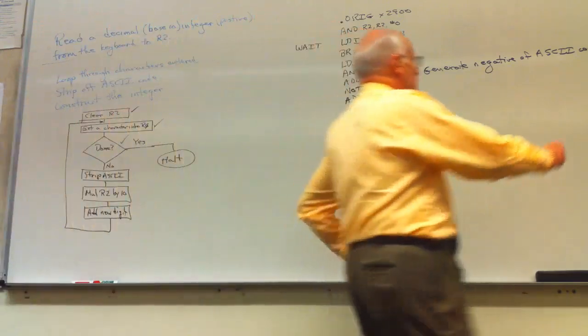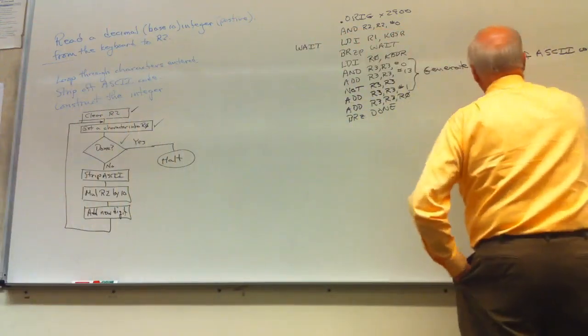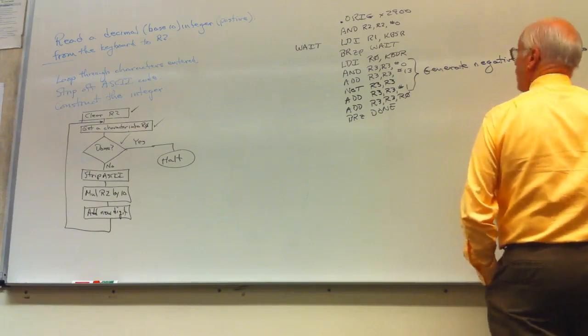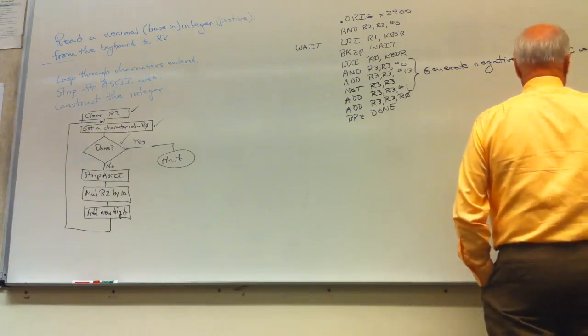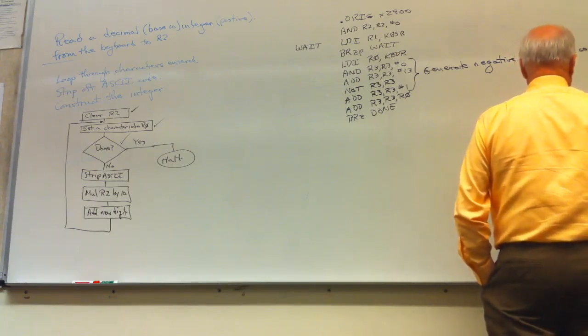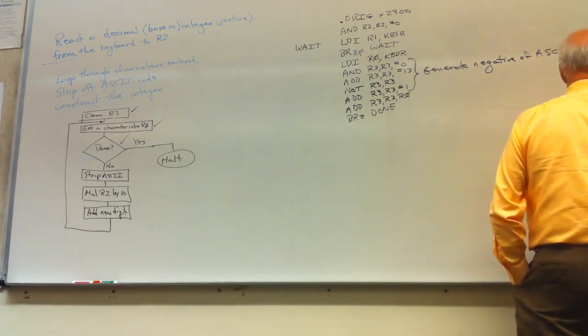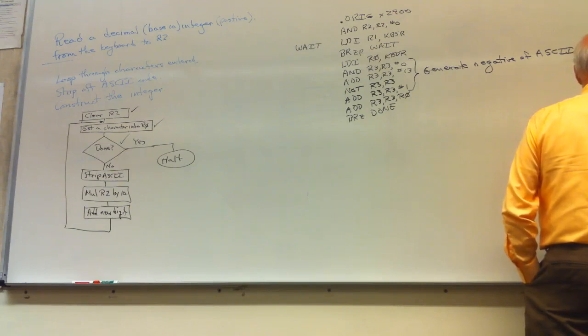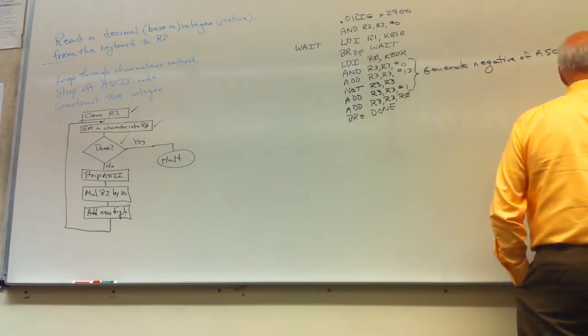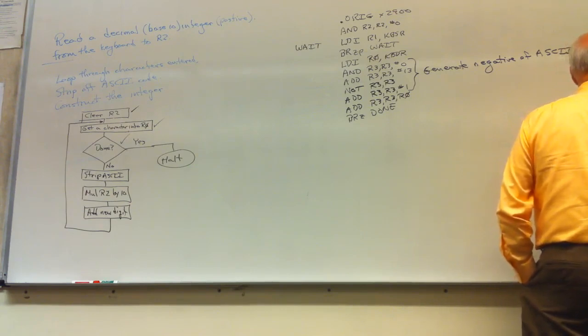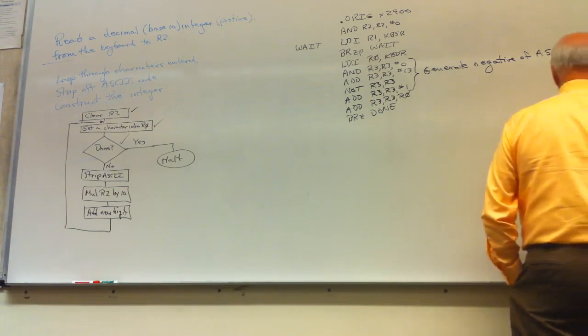Here's the best way to handle that. Somewhere down here, as we get down to the end of our things, we've got our keyboard status register and our keyboard data register, where we've done a .FILL, FE00 for the status register and FE02.